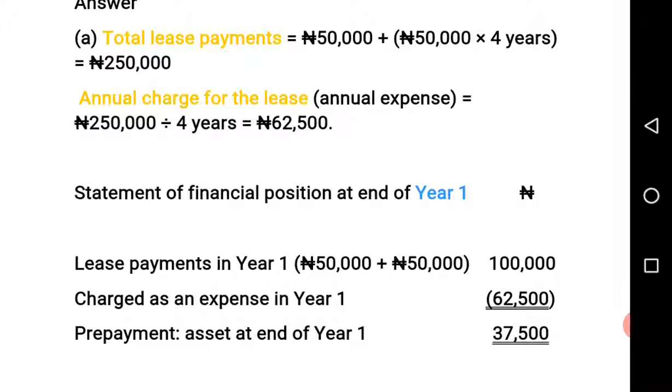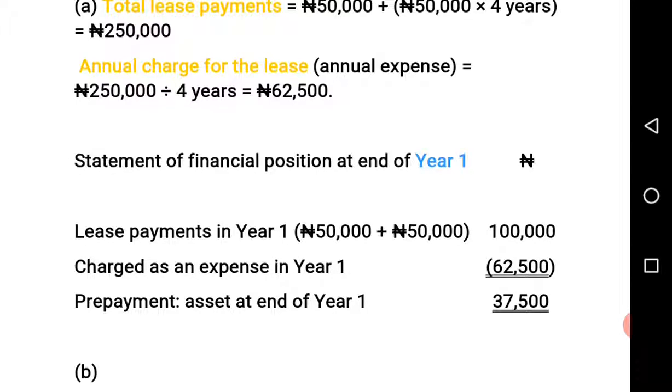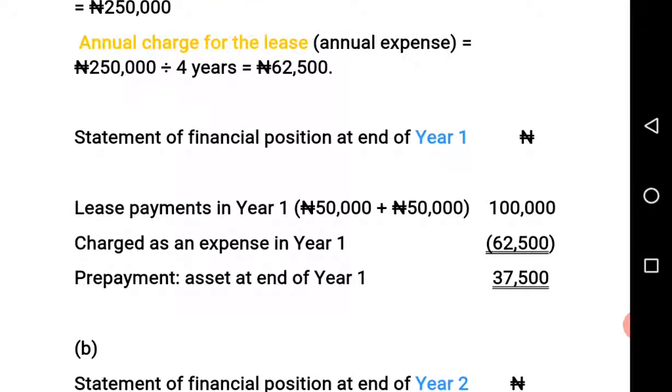We have the deposit payment of 50,000 plus year 1's rent of 50,000 that is paid. That gives us a total payment for that year of 100,000, which shows we were correct. Then the expense that was supposed to be made if it was shared equally, 62,500, we less from 100,000.